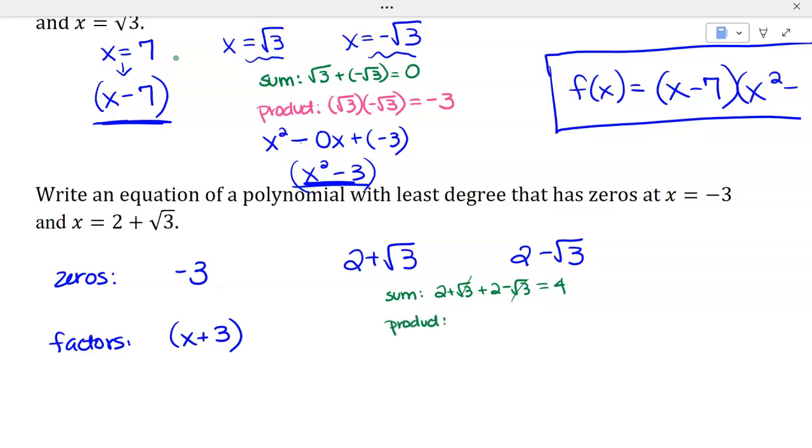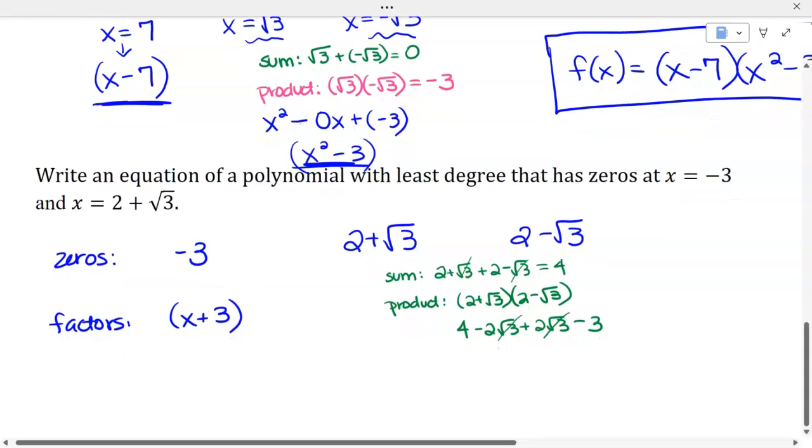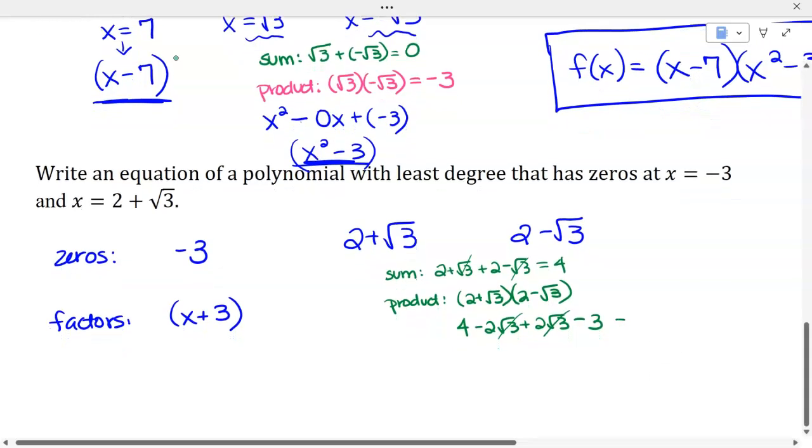And then our product, if we multiply these together, 2 plus the square root of 3 times 2 minus the square root of 3, we're going to notice that we have the difference of two squares. Because our outer and inner terms are going to cancel out, we've got 4 minus 2 square root of 3 plus 2 square root of 3 and then minus 3. So the outer and inner terms cancel out and we're just left with 4 minus 3, which is just 1.